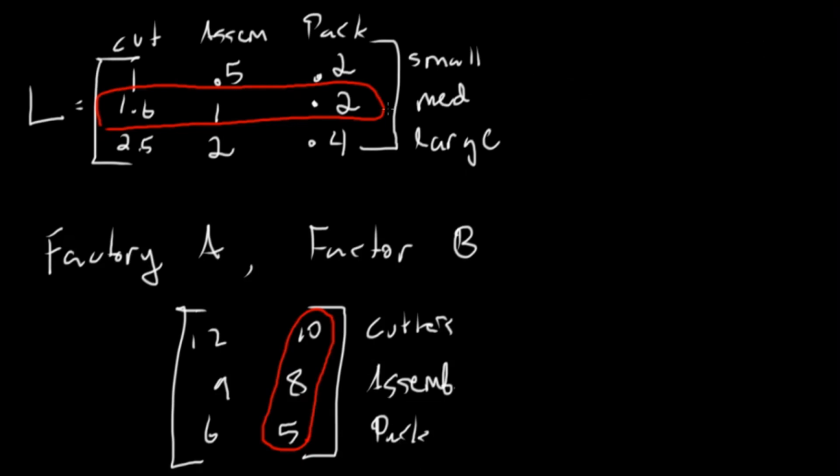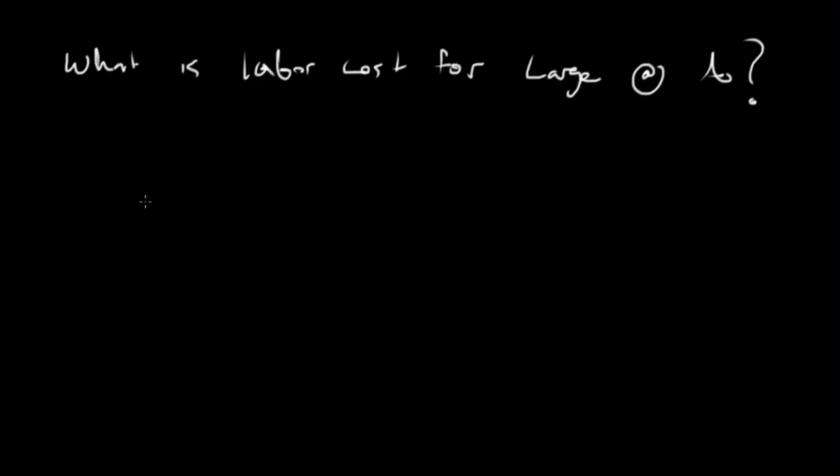But if I jump back here, a large boat at Plant A, I care about this information, and I care about this information. Okay. So you get 2.5 hours at $12 an hour, 2 hours at $9 an hour, 0.4 hours at $6 an hour. That is going to be 2.5 times 12 plus 2 times 9 plus 0.4 times 6.